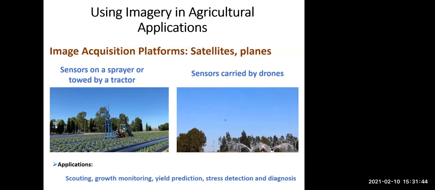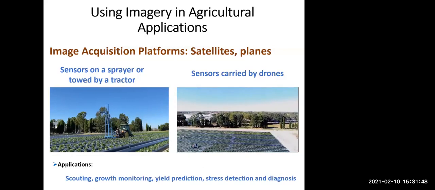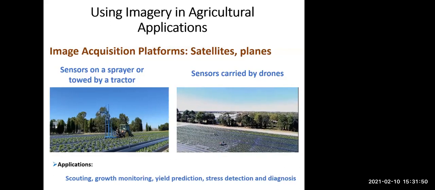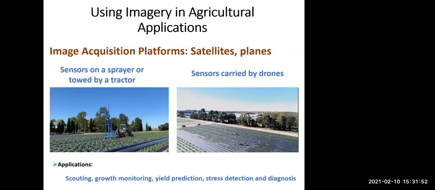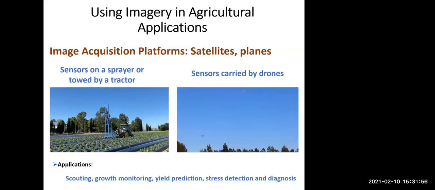Those images can be used in different applications such as field scouting, growth monitoring, yield prediction, stress detection, and diagnosis. Now, in the coming few slides, I would like to introduce the main idea behind using high-resolution imagery, and this is how to extract color information and geometric information from these images that can help us to conduct our applications.